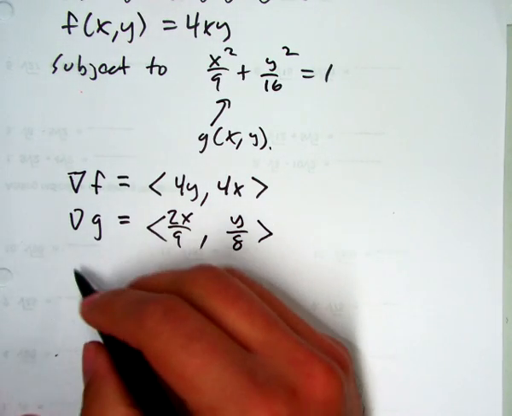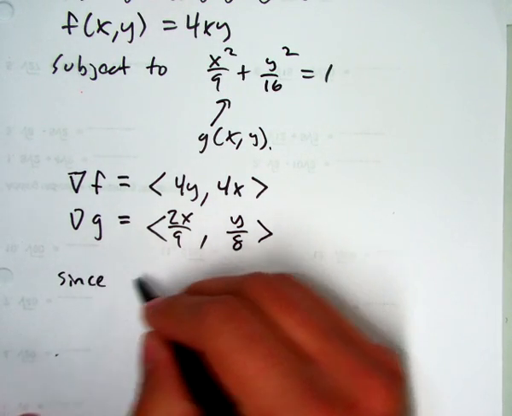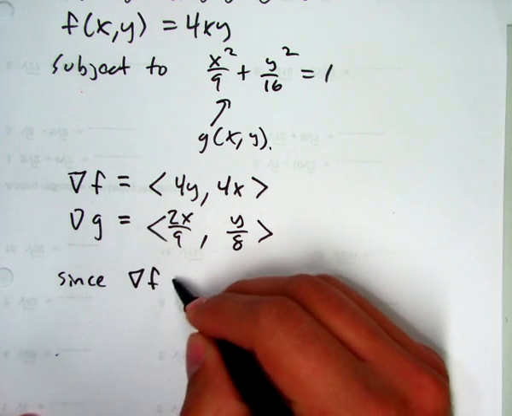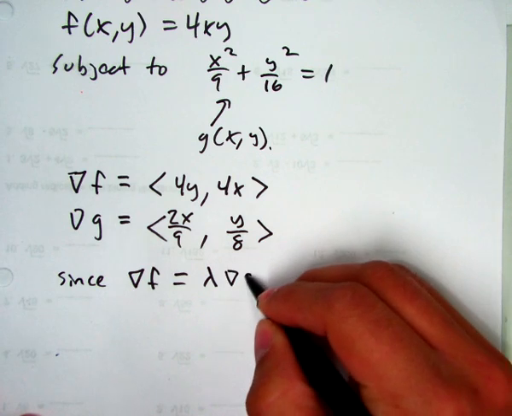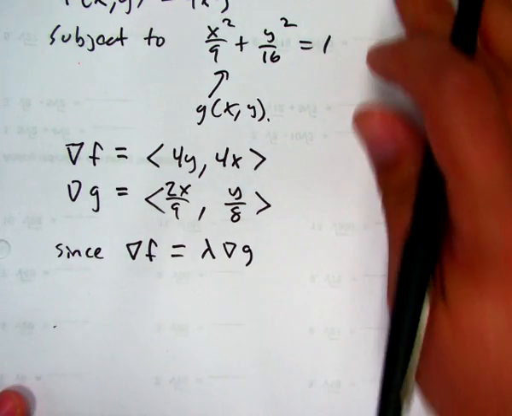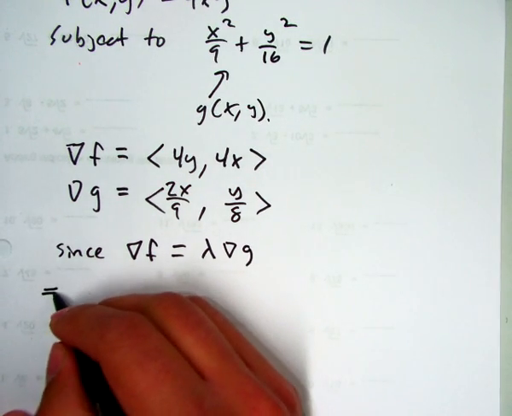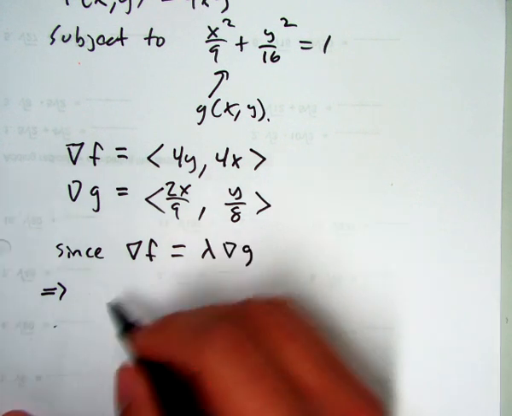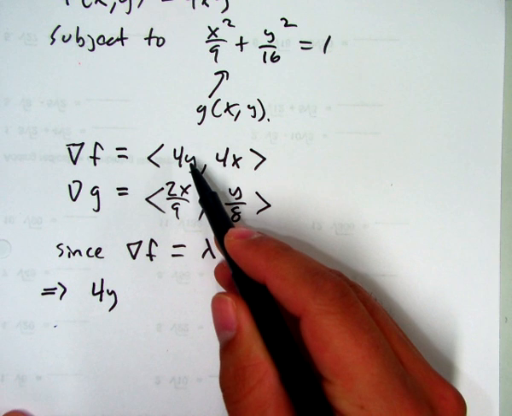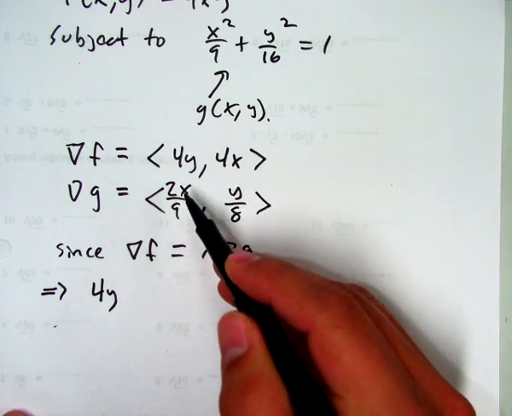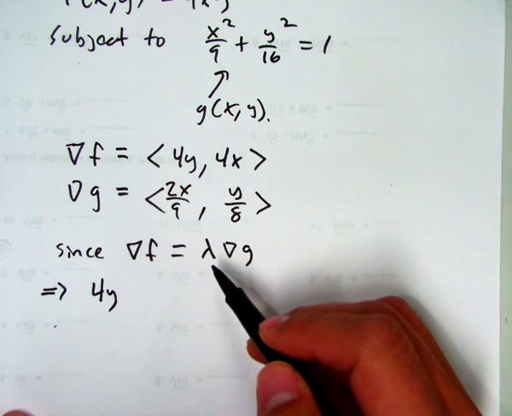So now, since the gradient of f has to equal the Lagrange multiplier times the gradient of g, then we have that 4y. So I'm just taking component by component. The x component here has to equal the x component here just with a lambda in front.